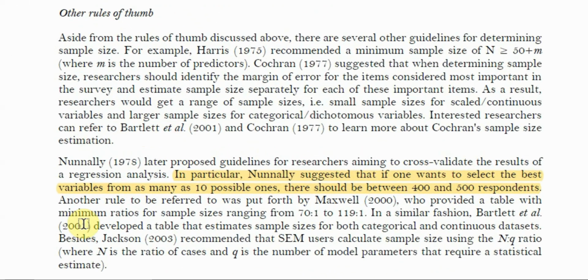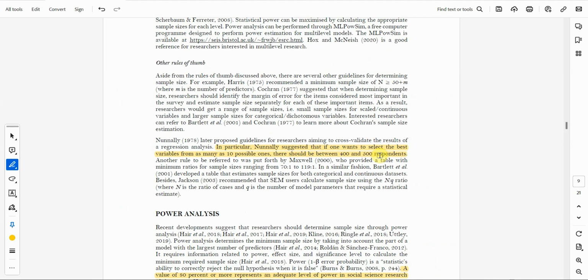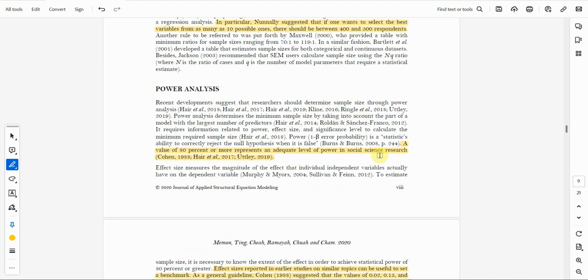And then there are other rules, one by Nunnally, that if one wants to select the best variables from as many as 10 possible ones, there should be between 400 to 500 respondents, as we've seen earlier. So till now, we have seen that a sample between 200 to 250 can be considered a good sample.